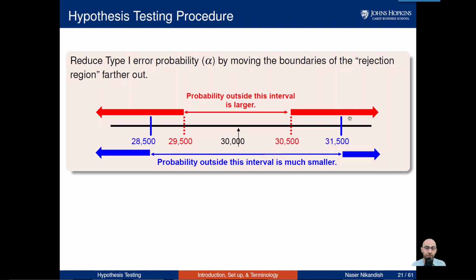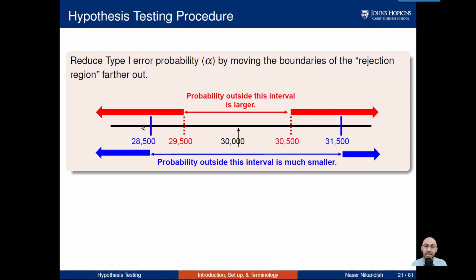Now I have two different rejection regions here. One of them is 29,500 or less or 30,500 or higher, and the other one is a little bit wider. The blue one is wider. All right. Well, if I go with the red one, I'm going to reject H0, even though it is correct. If I go with the blue one, I'm not going to reject H0, right?